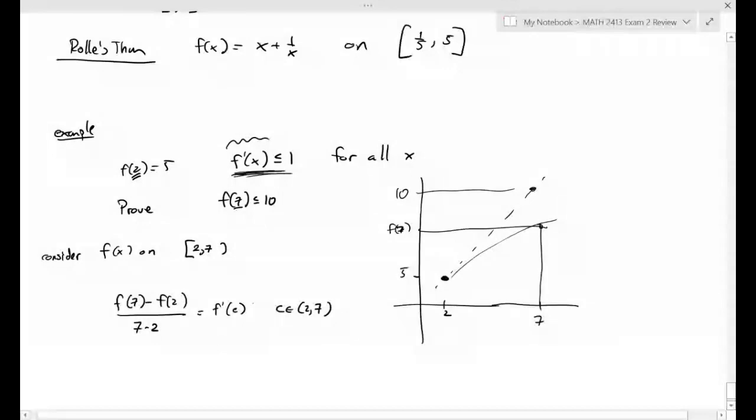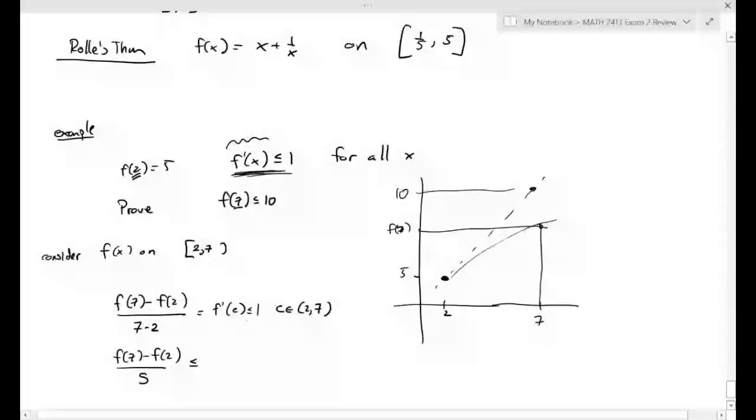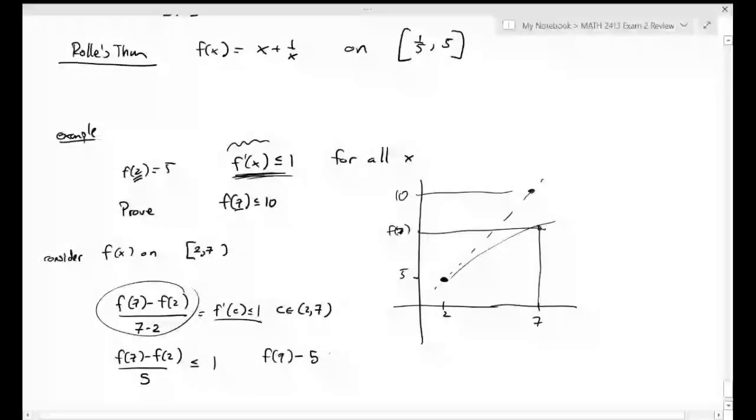We know that this derivative is at most 1, and that's it. No problems, because the derivative is at most 1, so that is at most 1. And then you just rearrange. f of 2 was 5, multiplied by 5. Yeah, it works. Okay.